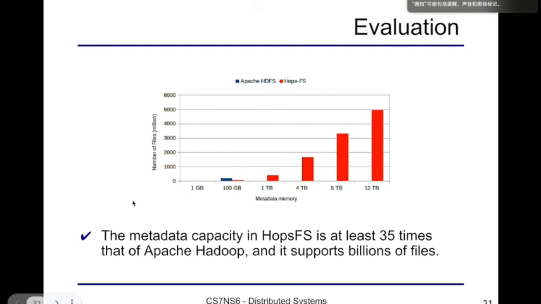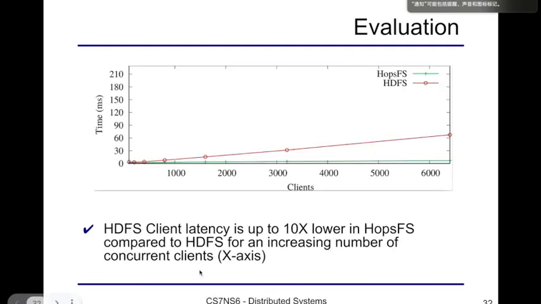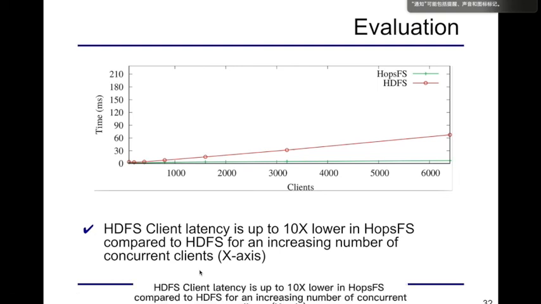As for this picture, the metadata capacity in HopsFS is at least 35 times that of Apache Hadoop, and it supports billions of files. As this figure shows, HDFS client latency is up to 10 times lower in HopsFS compared to HDFS for an increasing number of concurrent clients.